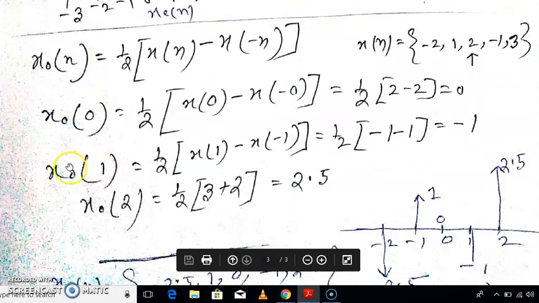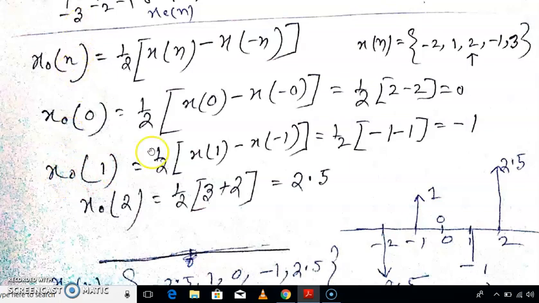For xo[1], if you put n equal to 1, you get half of x[1] minus x[minus 1], that is minus 1 minus 1, that is minus 2, times half, that is minus 1.